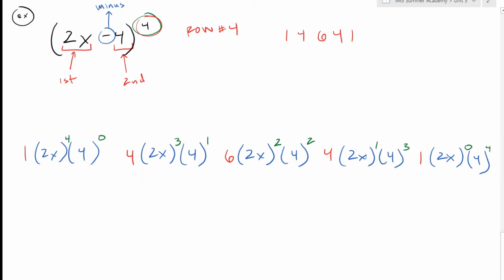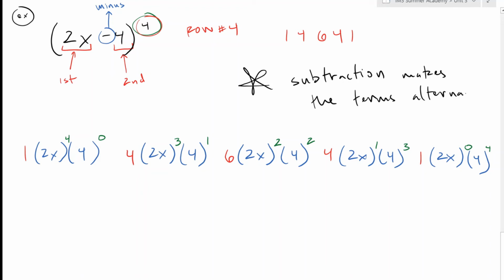And now it's the minus sign's turn. We didn't deal with that with the 4, we're dealing with it now. So what happens, and we'll make a little note right here, subtraction makes the terms alternate signs.